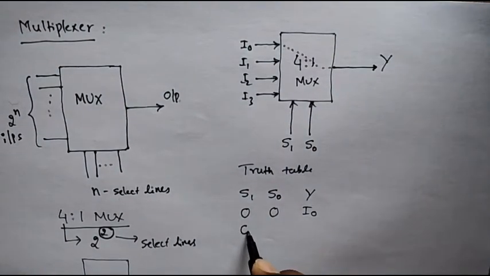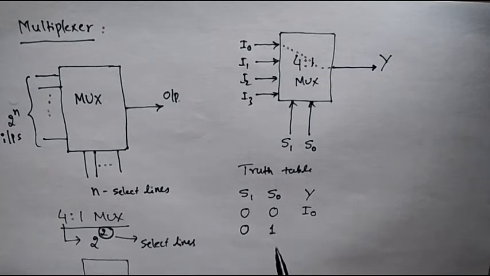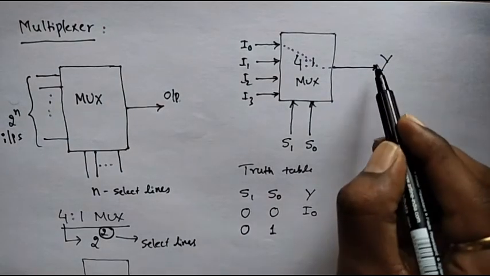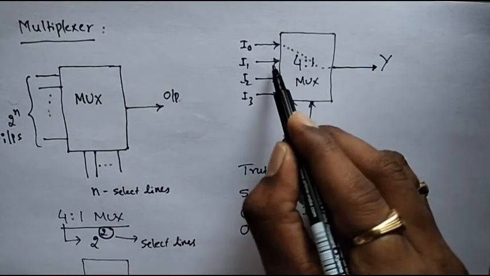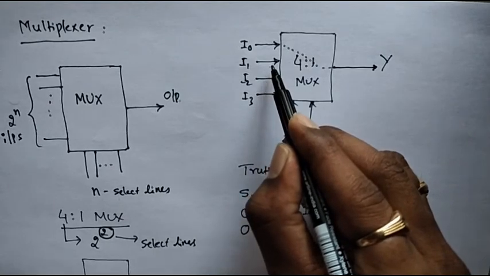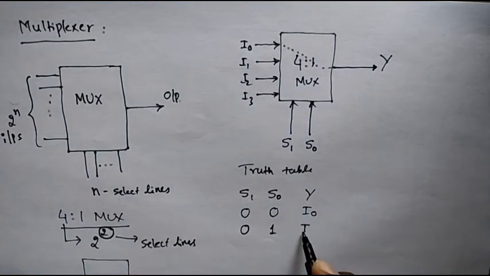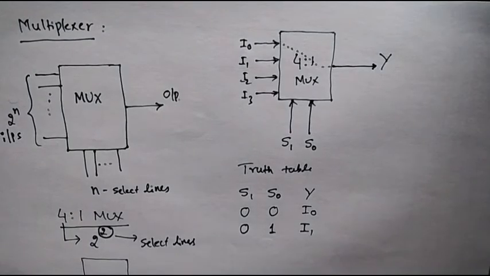Similarly, when S1 is 0 and S0 is 1, the output line is connected to I1. So now I can say Y is equal to I1. So mux acts like a switch.